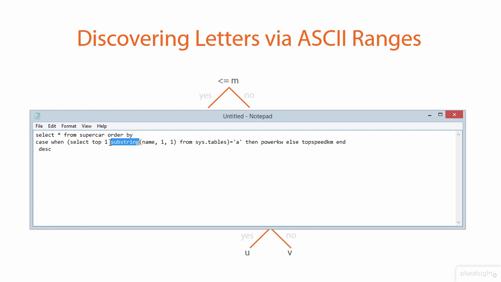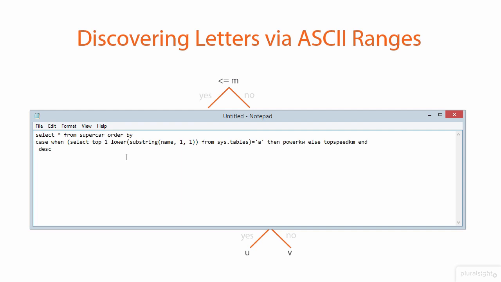What I want to do first is I want to lowercase that, because if we're comparing to the ASCII range, even though this collation on the database may not be case sensitive, we're still going to get a different ASCII value for lowercase versus uppercase characters that are otherwise the same. So I'm just going to wrap a lower around this, and we'll close that off at the end of the substring method.